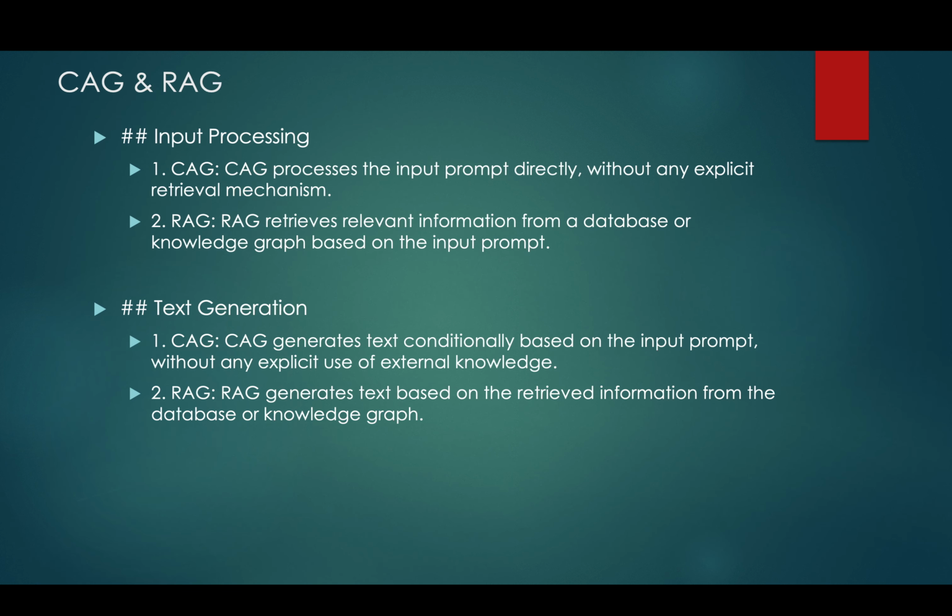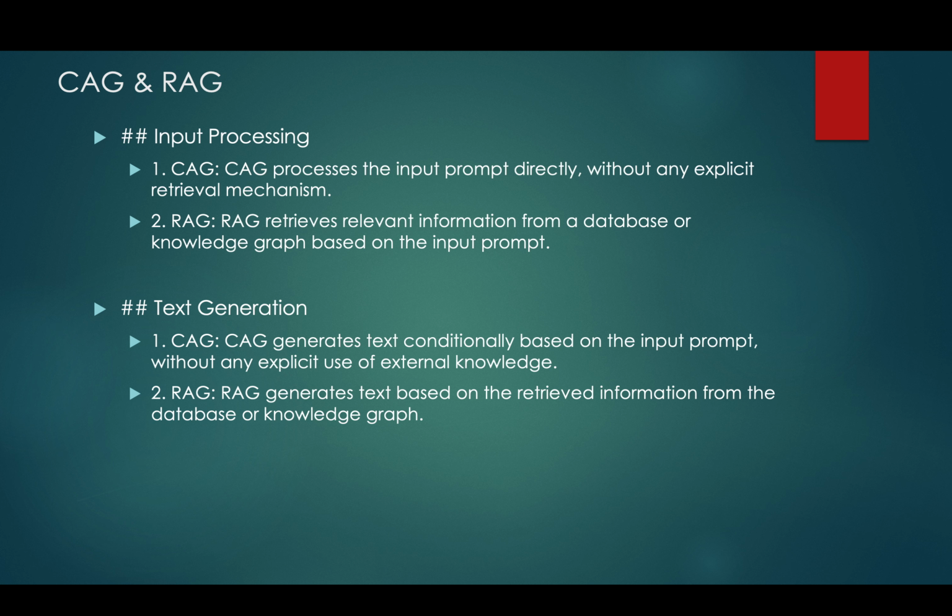If you see in CAG and RAG, as part of input processing, CAG processes the input prompt directly without any explicit retrieval mechanism, whereas RAG retrieves relevant information from a database or knowledge graph based on the input prompt.